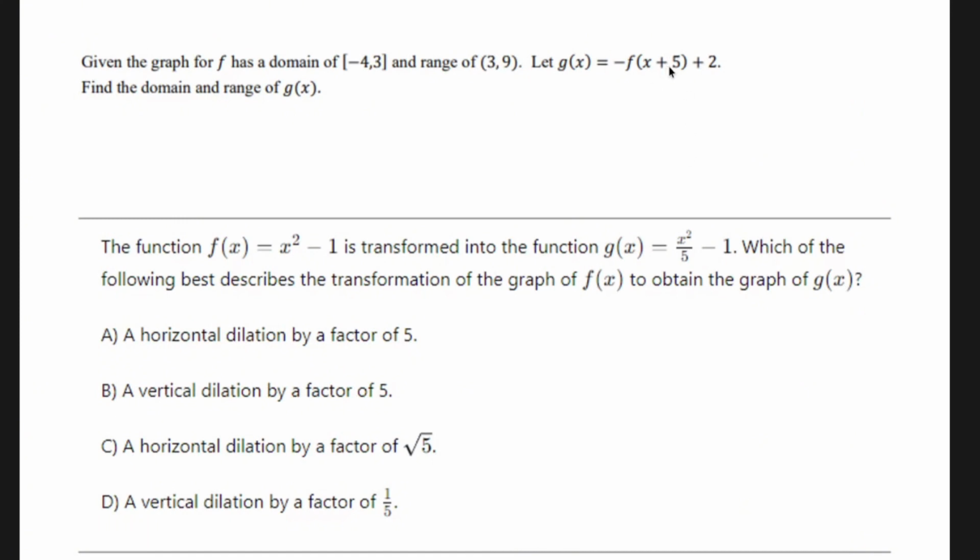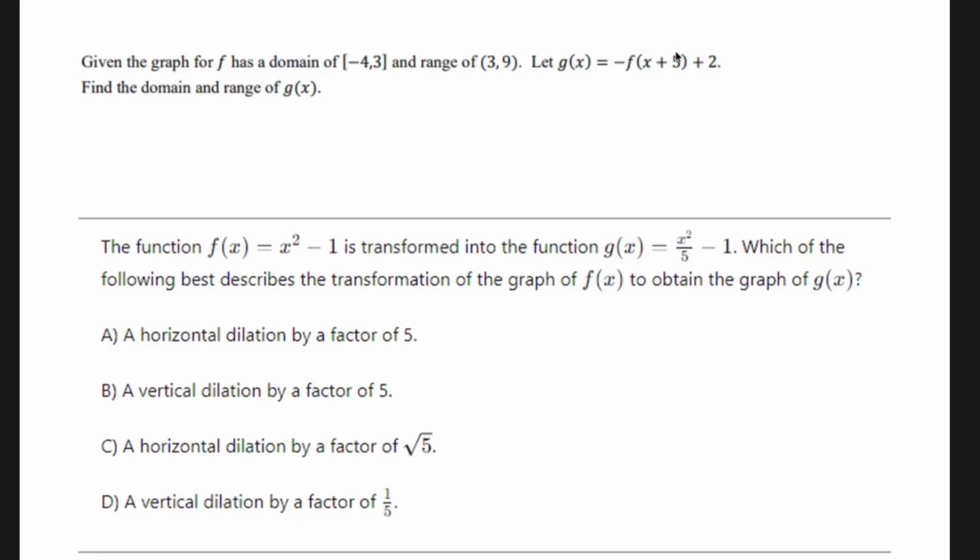It moves left 5, moves up 2, and flips around the x-axis. If you're dealing with a horizontal shift, the horizontal shift is the only thing here that's going to affect the domain. Flipping it upside down and moving it up 2 only affects the range.